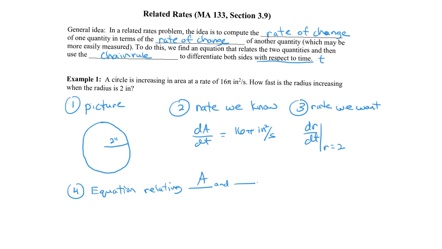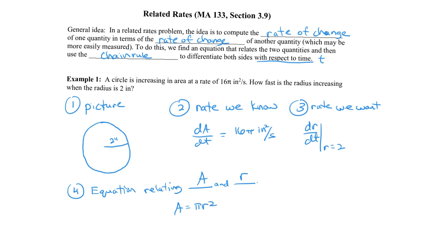And this will usually be something that has to do with our picture. So in this case, you've got a circle. So we basically want to find an equation that has to do with a circle that has both the area and the radius. And with a circle, of course, probably what you'll think of is area equals pi r squared.